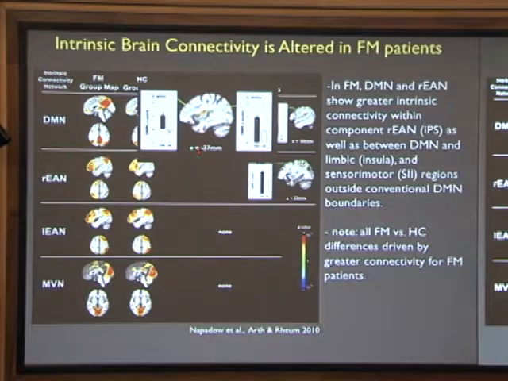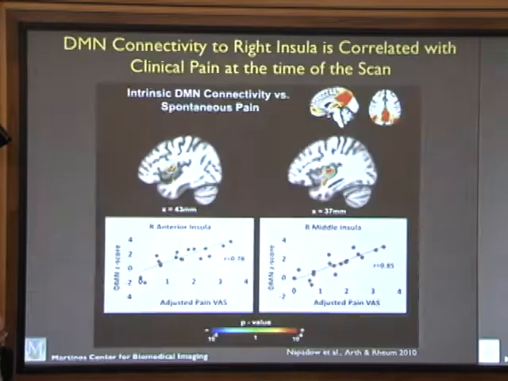So we have greater connectivity in the anterior and mid-insula to the default mode network, okay? And we also found greater connectivity in a network called the executive attention network, or the frontoparietal control network, on the right side in patients versus healthy adults.